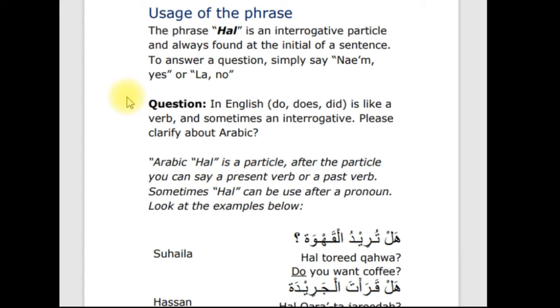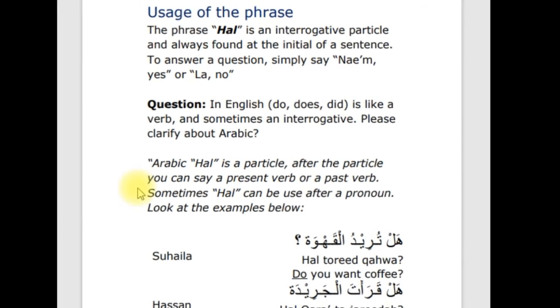In Arabic, hal is a particle. After the particle, you can say a present verb or a past verb. Sometimes hal can be used after a pronoun. Look at the examples below.